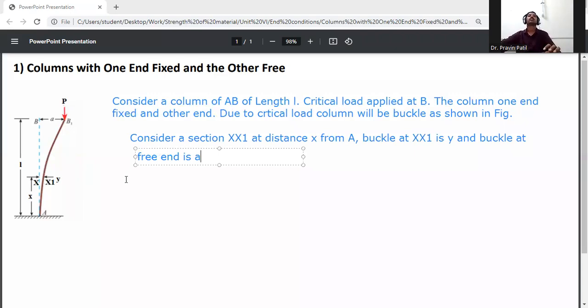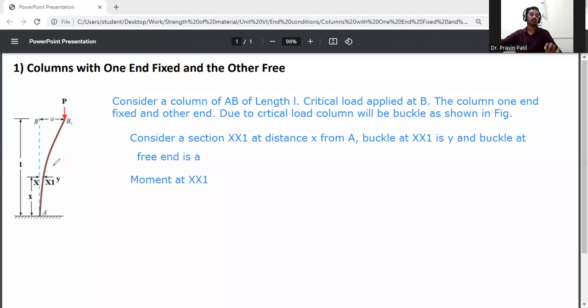Now we need to calculate the moment at XX1.